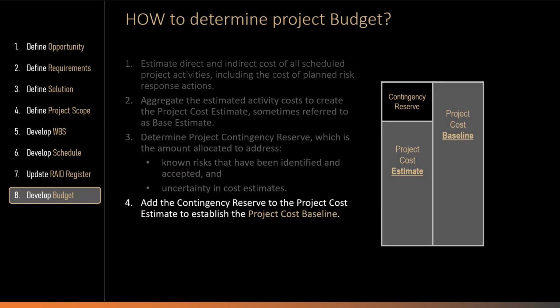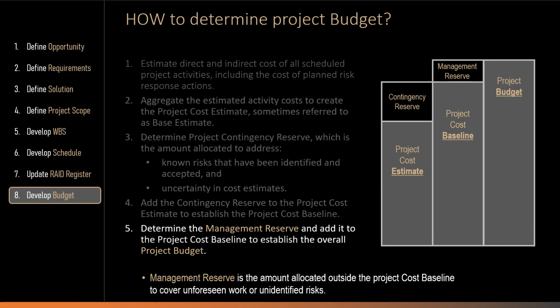Then, by adding the contingency reserve and the project cost estimate, we can establish the project cost baseline. After that, we have to determine the management reserve, which might be needed for the project, and add it to the project cost baseline to establish the overall project budget.